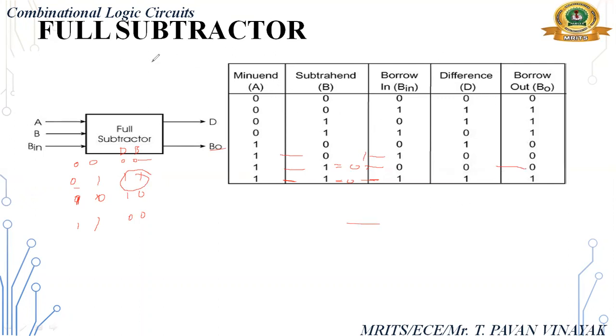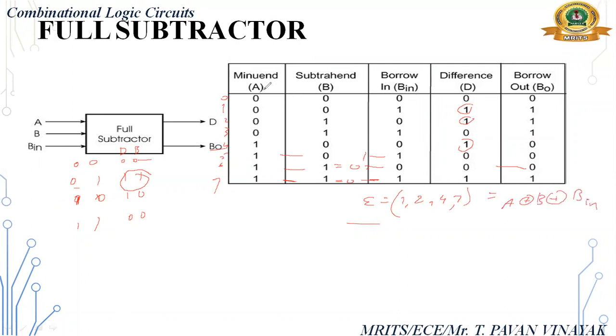Next, the expression. What is the expression? Difference is sigma of 0, 1, 2, 3, 4, 5, 6, 7, so 1, 2, 4, 7. 1, 2, 4, 7 means already implemented: A XOR B XOR B in.